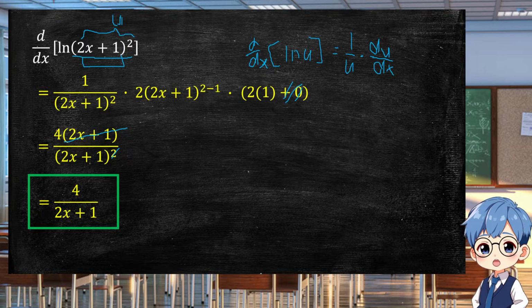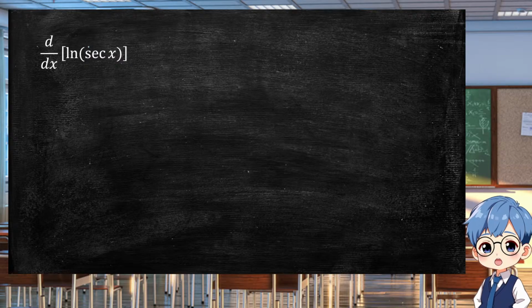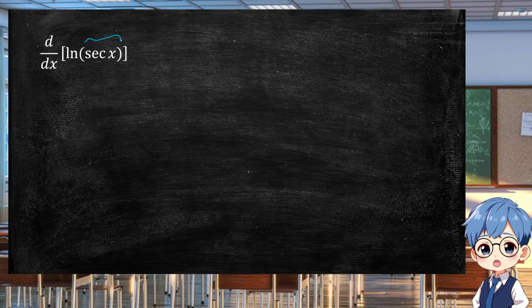Okay, so let's have the next example. For the next example, we have the natural log of secant of x. In this scenario, our u is secant x. Using the same formula, the derivative of ln of u is just 1 over u times du over dx.